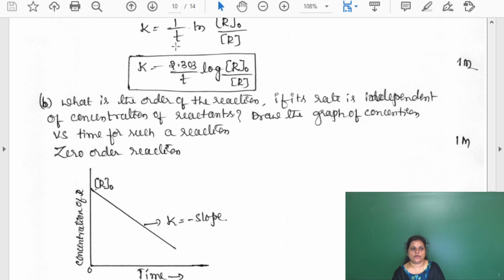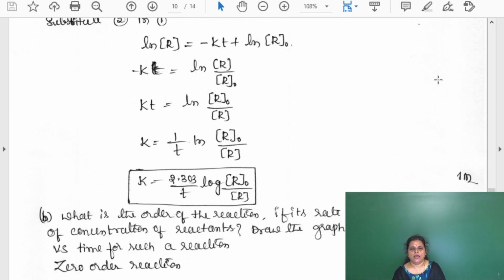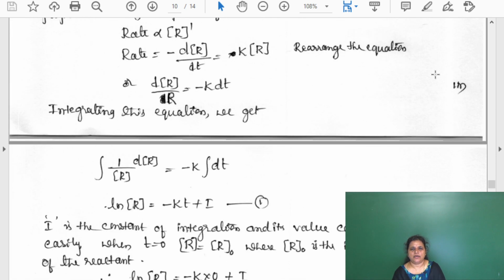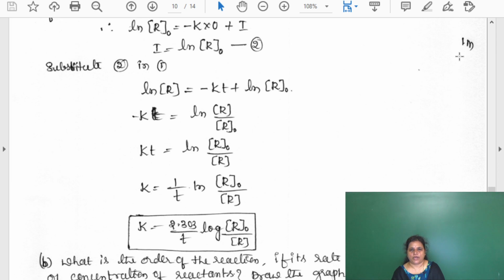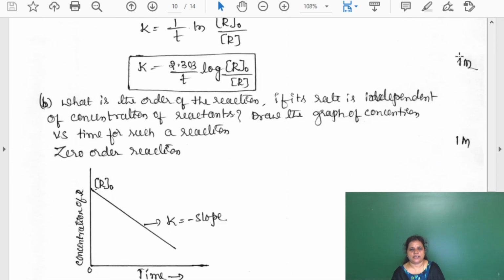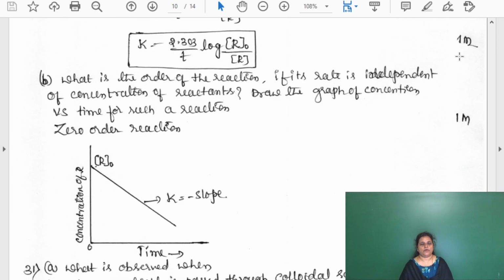Convert ln to log, from base e to base 10, then you must multiply by 2.303. So k is equal to 2.303 by t log [R] naught by [R]. This carries 1 mark. I have given how to split the mark here. First, writing the rate equation carries 1 mark, and calculation of I value carries 1 mark, and the final expression carries 1 mark. Okay, now move on to the next question here.